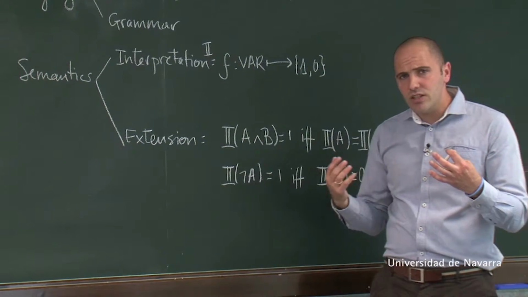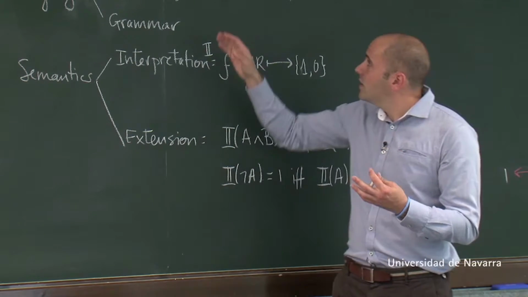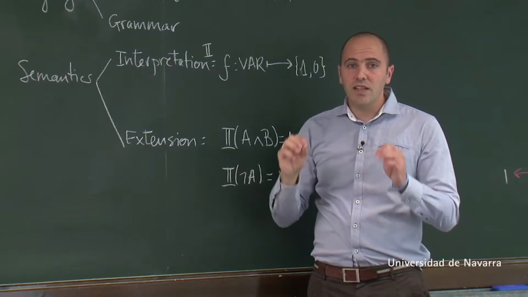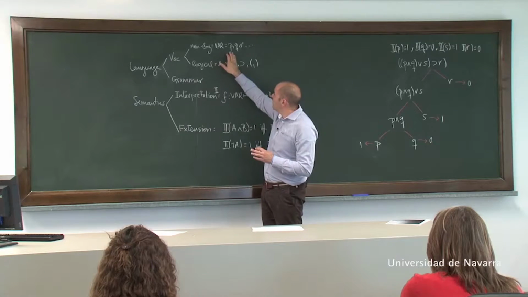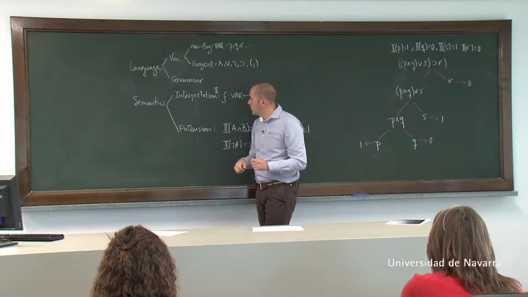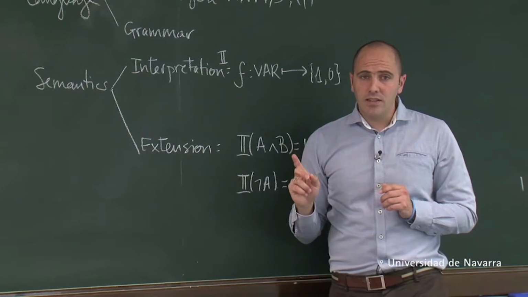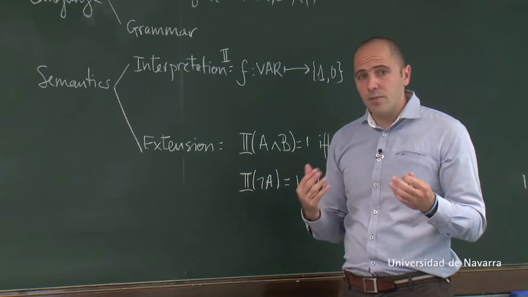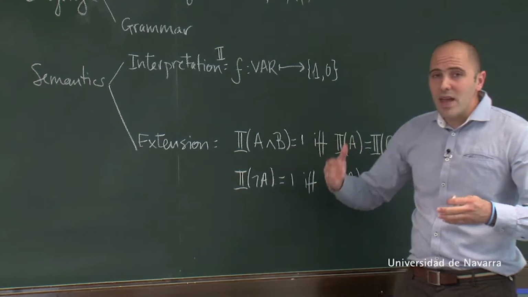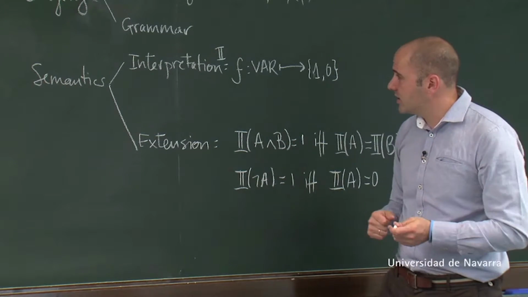Now, an interpretation, intuitively speaking, is substituting the variables by sentences, right? Because these variables are just telling you, here you should plug in a sentence. That's the intuitive idea of an interpretation. But it turns out that in logic, we don't care very much about what sentences say. So we make a big jump of abstraction. This is a big idealization.